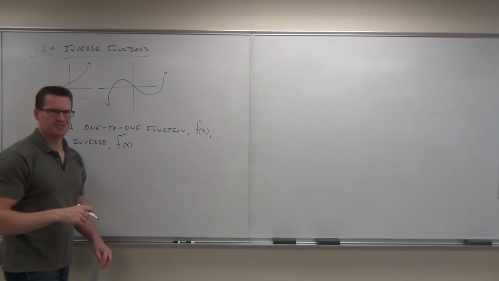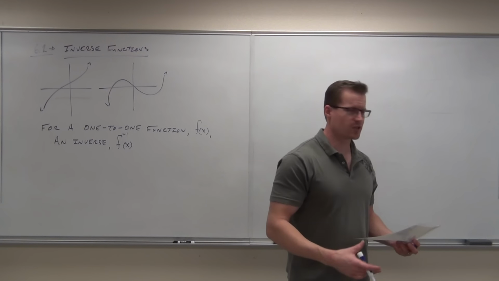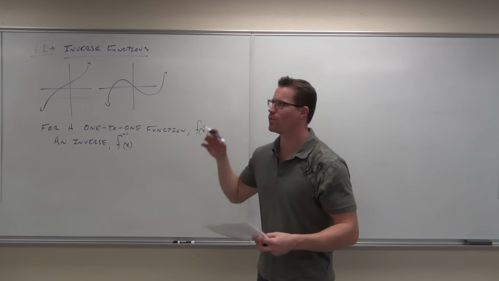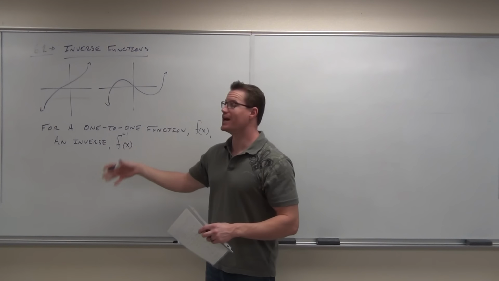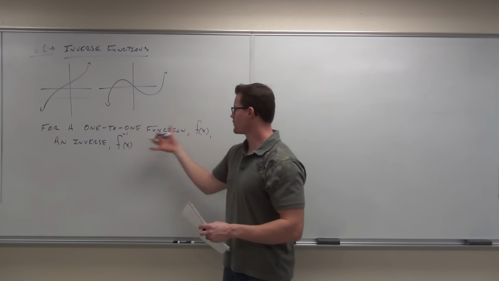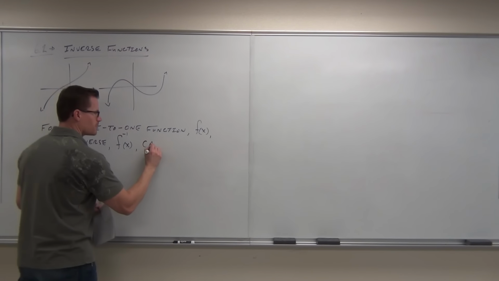It's not f to the little -1, it's not an exponent at all. It's probably the worst notation in all of mathematics. I don't know why they have the -1 there. It does look like an exponent, but it's not one. It's pronounced f inverse of x. So for a one-to-one function f of x, an inverse f inverse of x can be found.